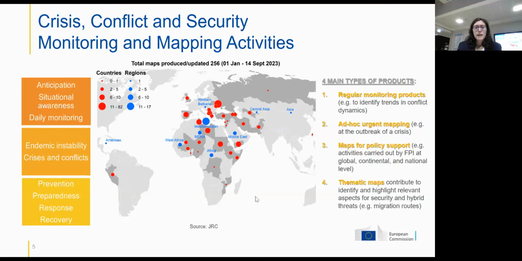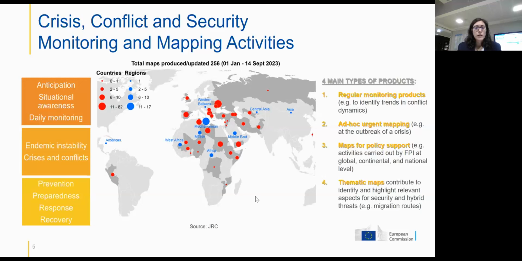The map in this slide shows the geographic extent that our products cover. So far in 2023, we have produced almost 300 maps, a bit more than those mentioned in the slide. Most of these are regular monitoring products for ongoing crises and conflicts, for instance, Ukraine, Yemen, and the migration crisis.